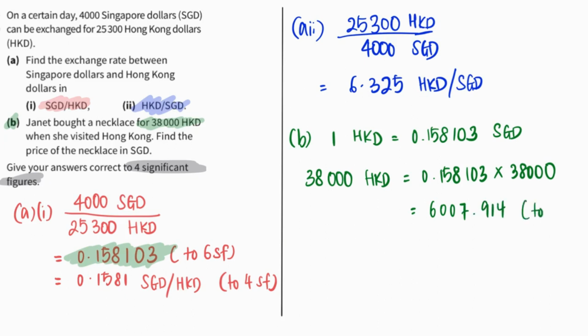This one is 7 SF. The final answer in 4 significant figures is 6008 SGD.